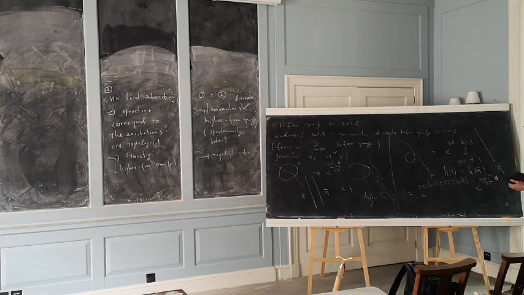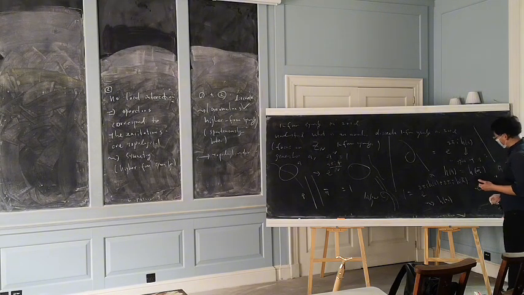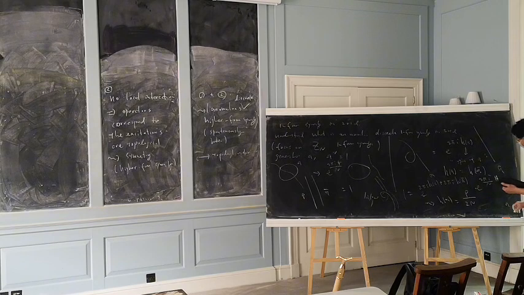So from this, you can conclude that the spin of the particle has to be some integer p divided by 2n. So p is an integer.